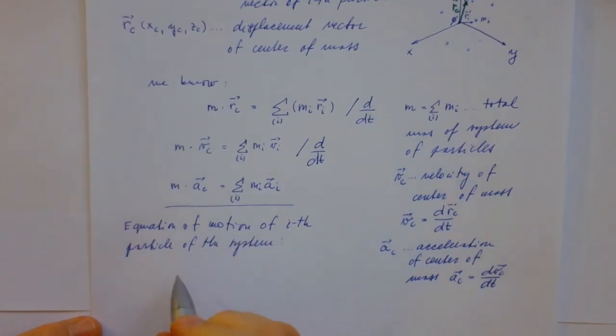So it was mi by ai is equal to the total external force acting on particle i plus the total internal force acting on particle i from j.